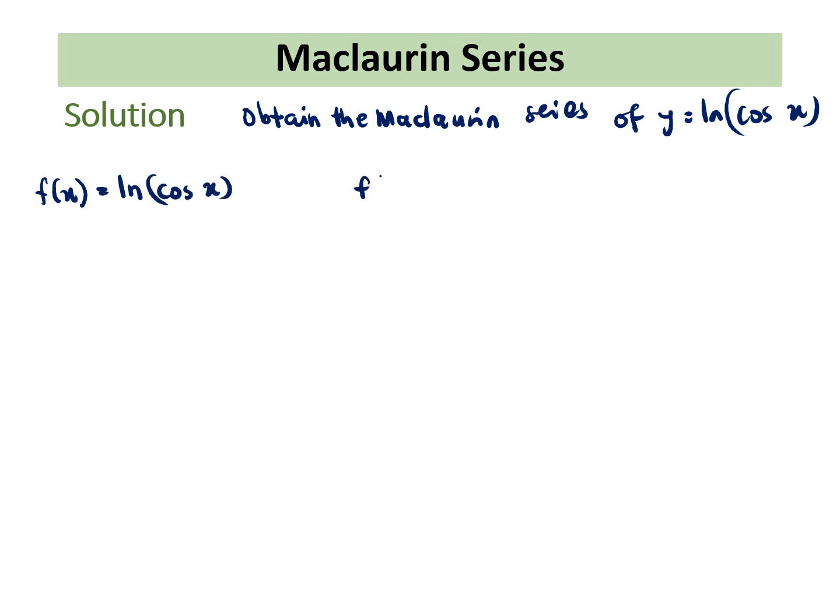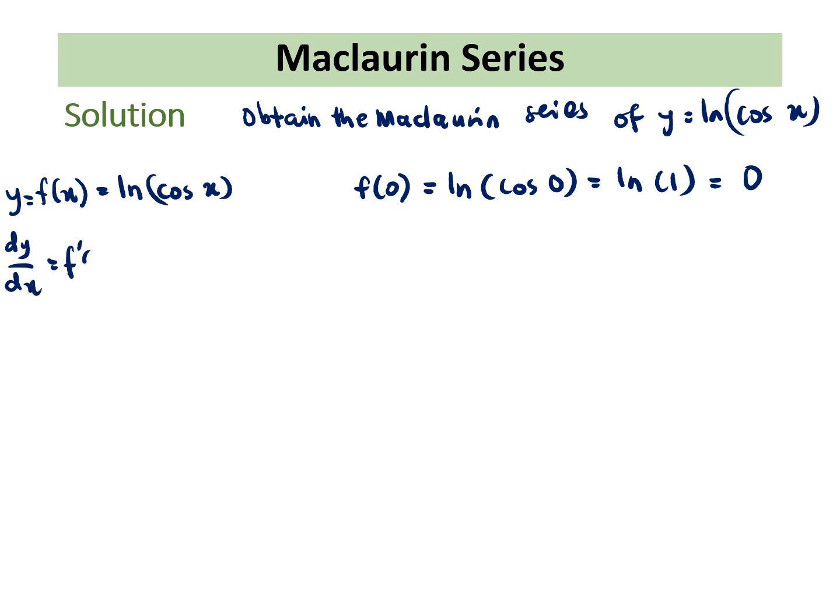So f(0) is ln cos 0, which is ln 1, which equals 0. Then dy over dx, which is f prime x, is negative tangent x, where we found the dy/dx of ln cos x in the previous question.